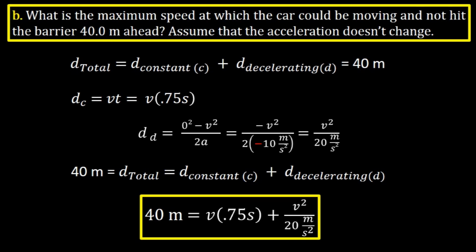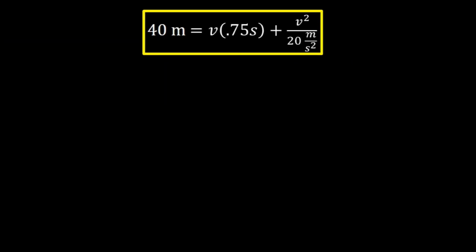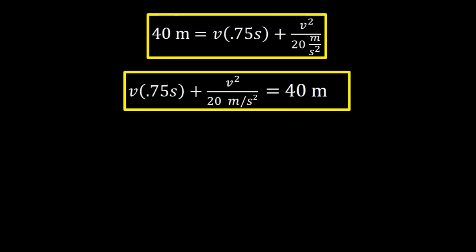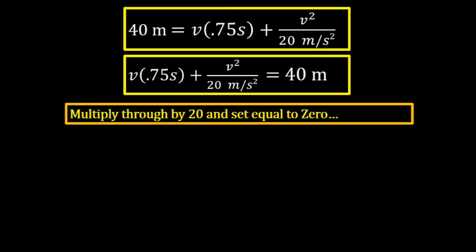So this is the equation you end up with. You end up with 40 equals v times 0.75 plus v squared over 20. So you can multiply both sides through by 20, isolate your terms, do whatever it takes.